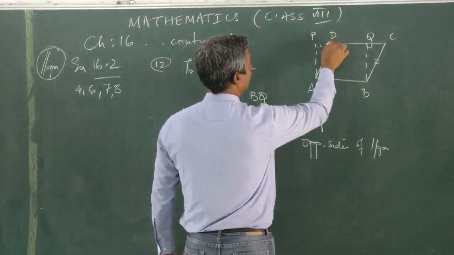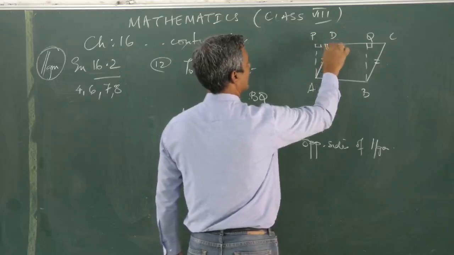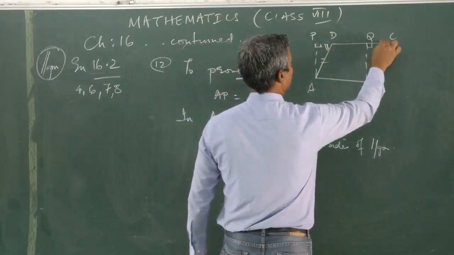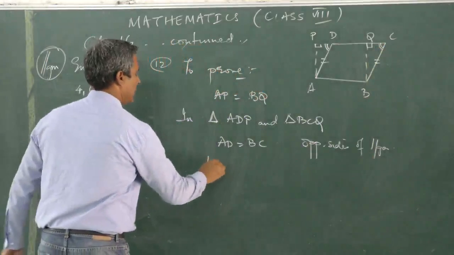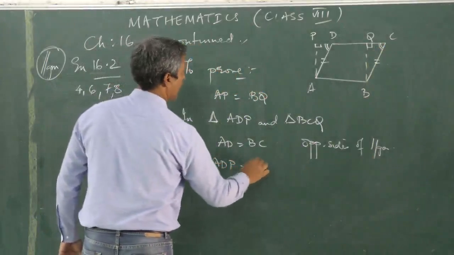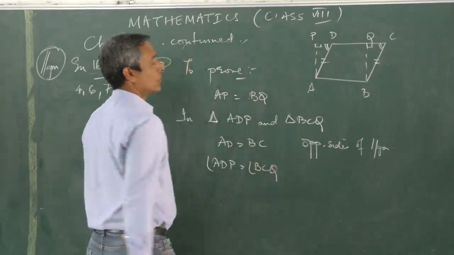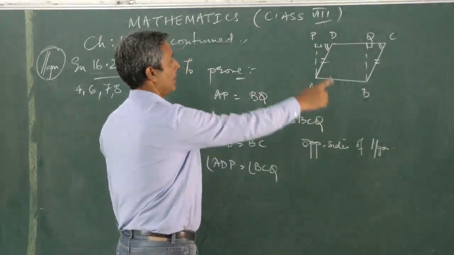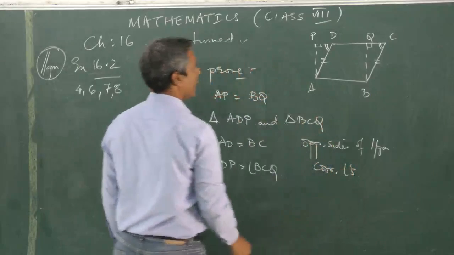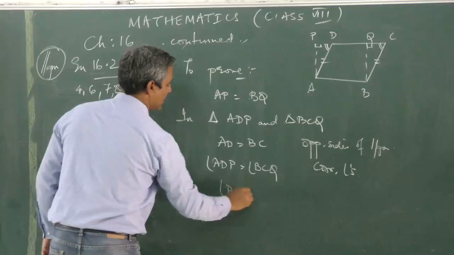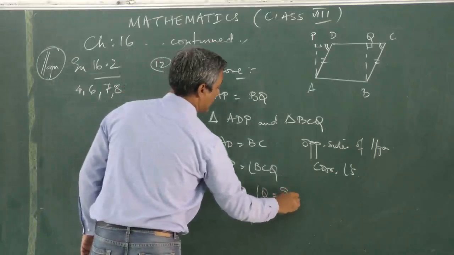And again, the angle over here is equal to this angle here. Angle ADP is equal to angle BCQ. Why? Corresponding angles. And angle P is equal to angle Q is equal to 90 degrees.